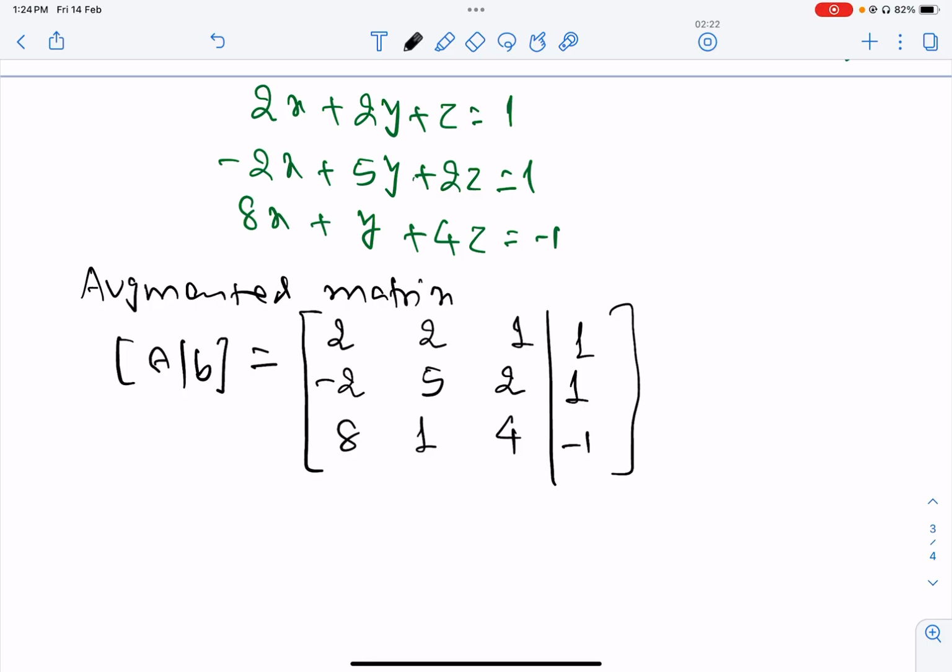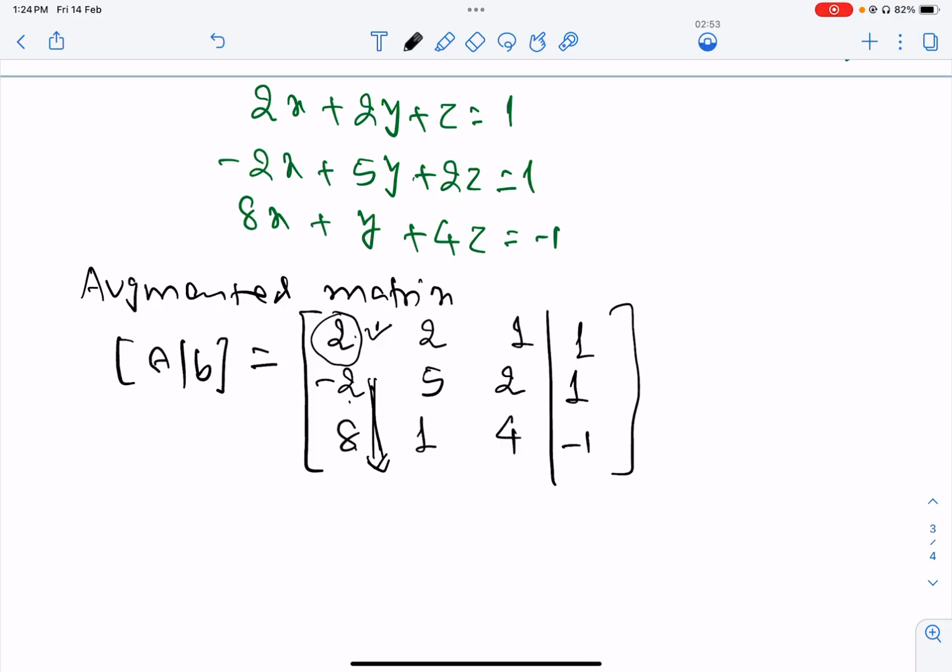Now here there are options, but you can do like this. Say here 2 is there, we need 1 here, but below you can see that all the entries are multiples of 2. So there are two options: either you can make it 1 here just by dividing by 2 and then make all the entries below it to be 0, or first you make 0 here, these two entries by using these two, and later on you make these two as 1.